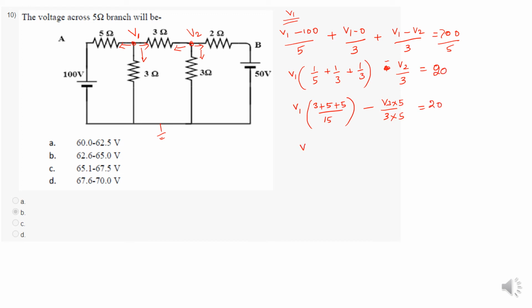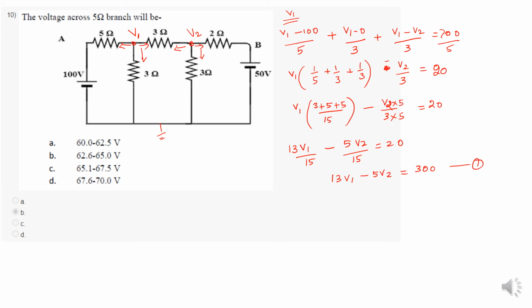Now V1 of that is 13V1 by 15 minus 5V2 divided by 15 equal to 20. Okay, 13V1 minus 5V2 equal to 300. This is equation number 1.